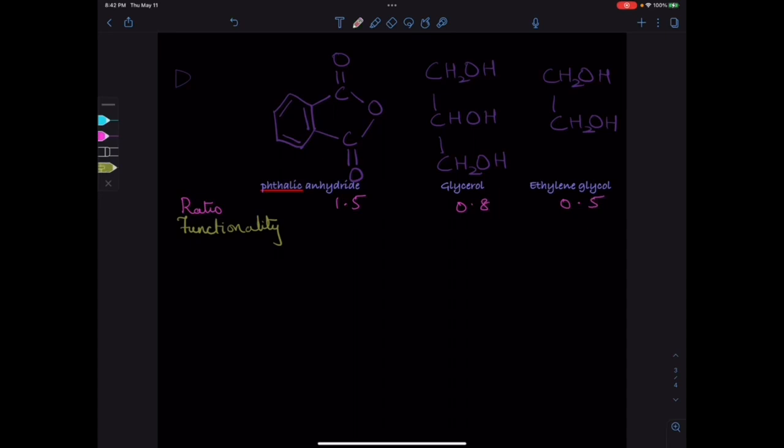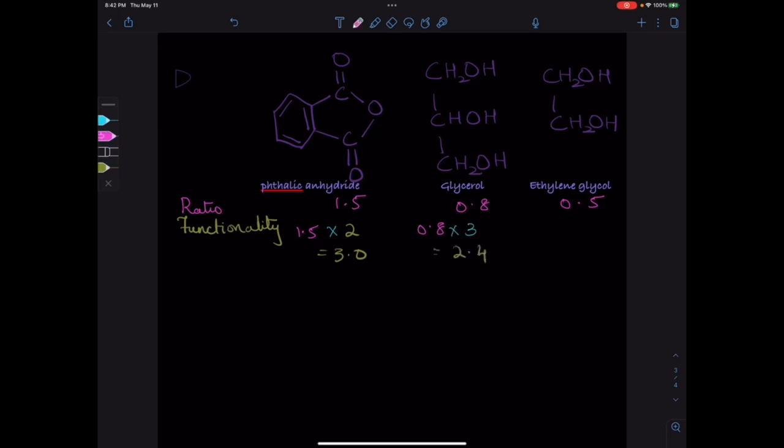So the functionalities are, for phthalic anhydride, 1.5 times 2, which is 3. For glycerol, it is 0.8 times 3, which is 2.4.